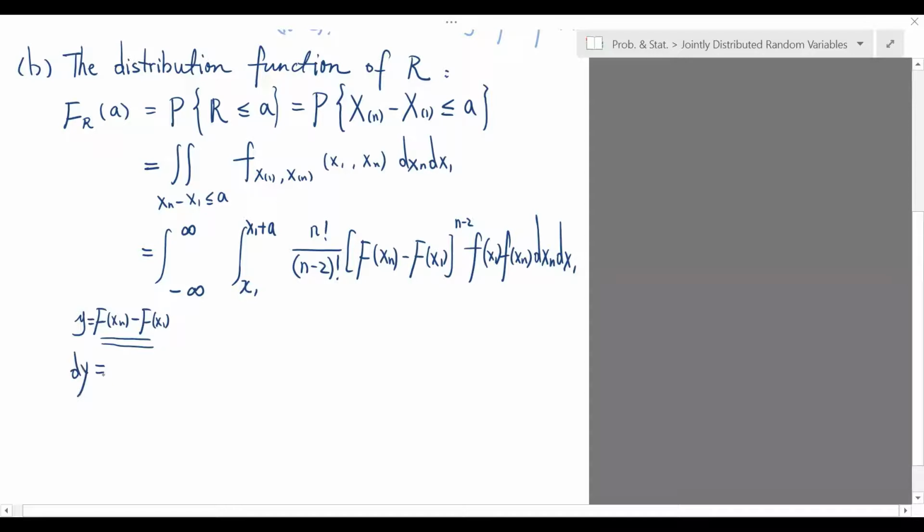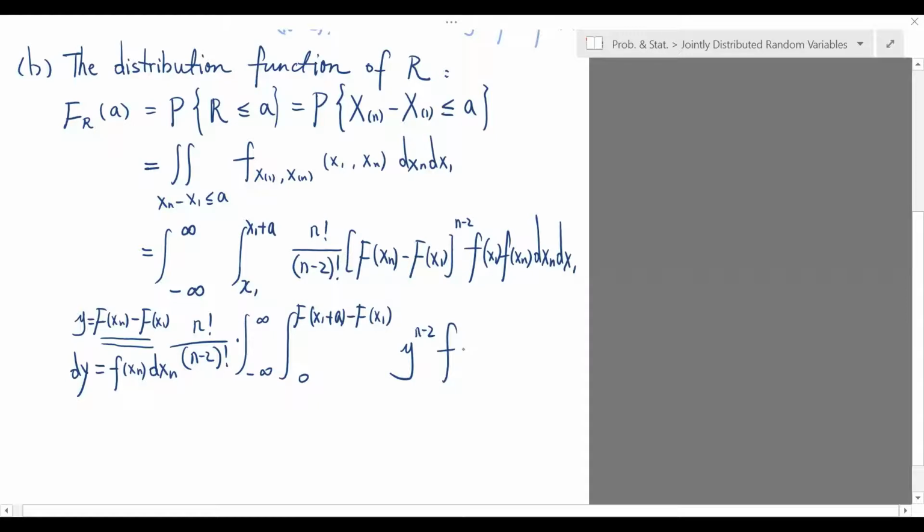Since the derivative of capital F of x sub n is simply the lowercase f of x sub n, the density function of the random variable, the integral could be rewritten as n factorial over n minus 2 factorial, the integral from negative infinity to positive infinity, times the integral from 0 to capital F of x sub 1 plus a minus capital F of x sub 1 of y to the n minus 2 power times f of x sub 1 dy dx sub 1.